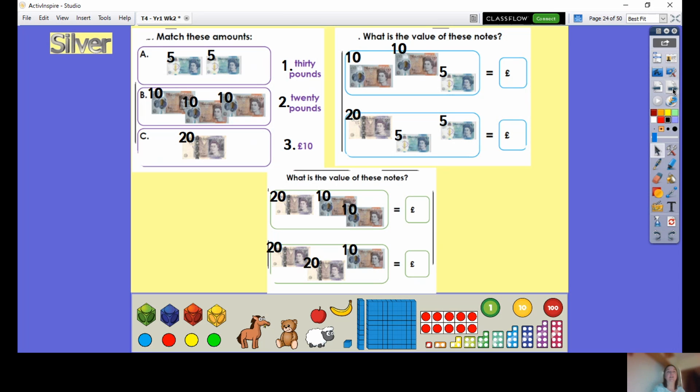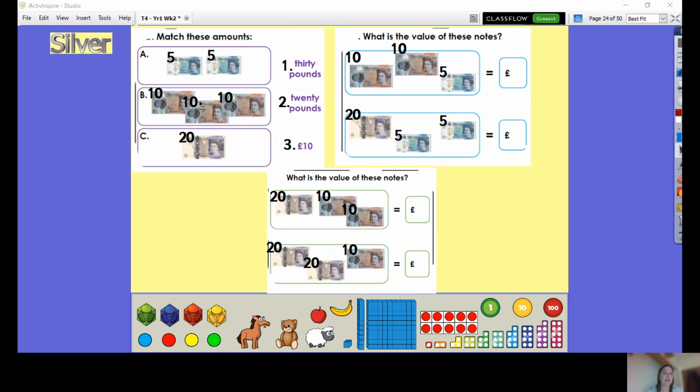Okay, so here is your work for today, and I've written the numbers on them just so you can see, in case some of you are on different devices, and sometimes on smaller devices you can't quite work out the numbers. So you've got to match. First of all, you need to work out how much is in each A, B and C, and then match it with the numbers here. So this is £30, this is £20, this is 10.